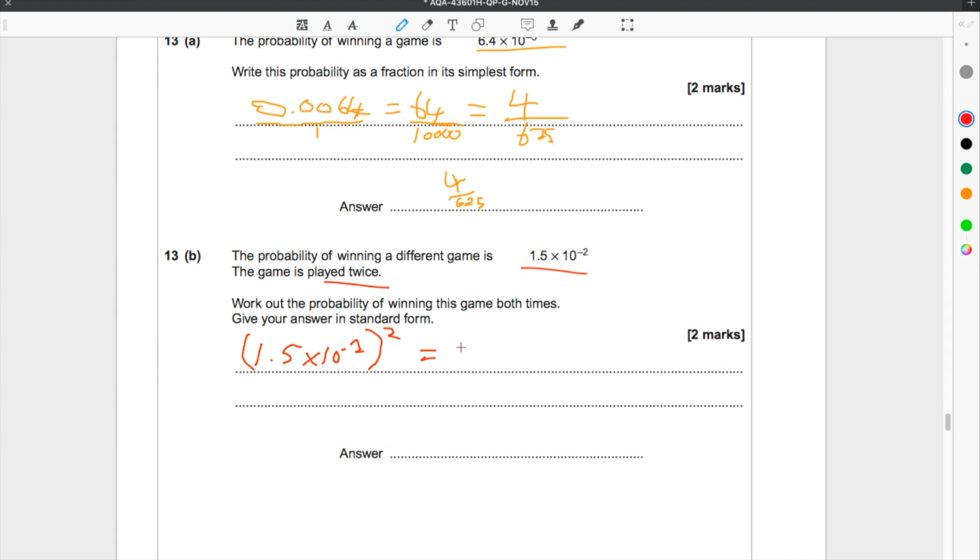And if we do that, we get 1.5 times 1.5, which is 2.25. And we need to remember our laws now when it comes to powers of 10 in this case. 10 to the minus 2 to the 2, all we do is we multiply the powers when it's outside of the bracket. Minus 2 times 2 is minus 4. So it becomes 10 to the minus 4.